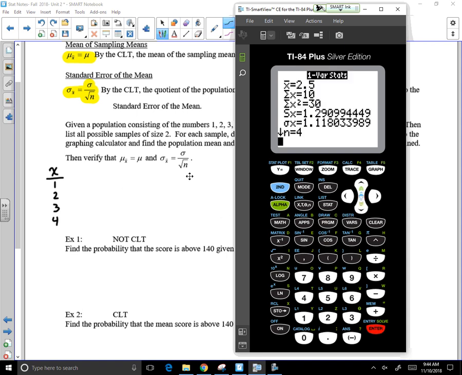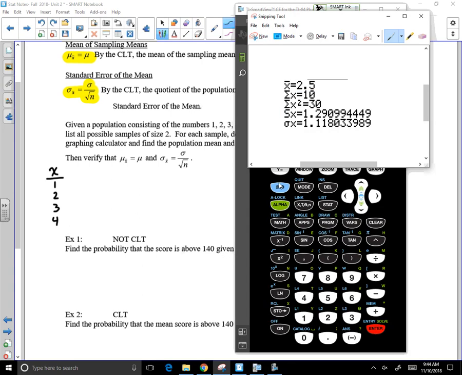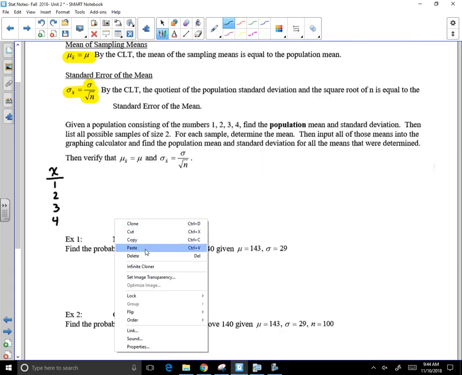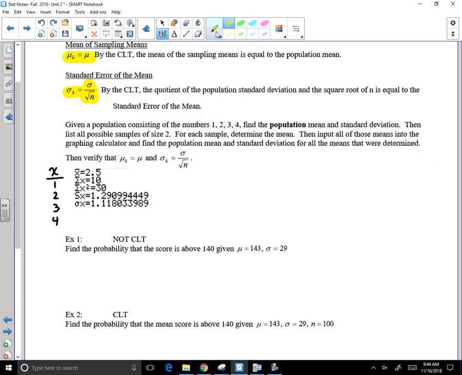So I need the population information here. I'm going to reproduce the entire shebang here, and I'm just going to highlight the ones that I want. You obviously can't copy and paste, so I'm just going to take the ones I want.